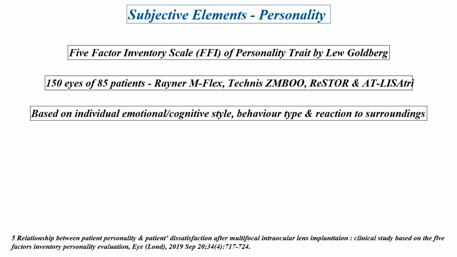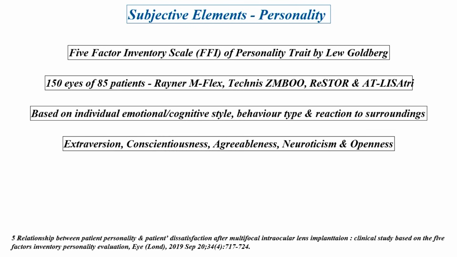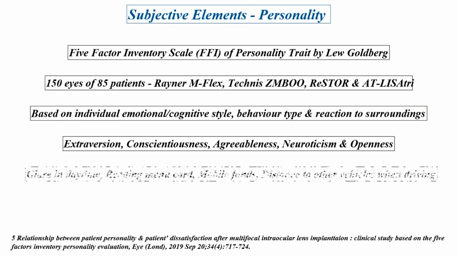All of them had good distance, intermediate and near vision without any difference between the groups. Based on the questionnaire, they judged their individual emotional and cognitive style, behavior type and reaction to surroundings. They were categorized into extraversion, conscientiousness, agreeableness, neuroticism and openness.